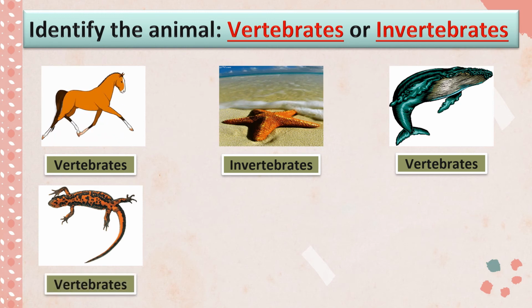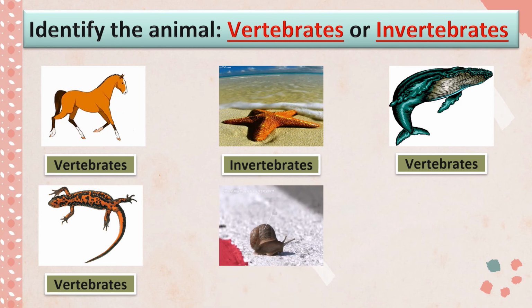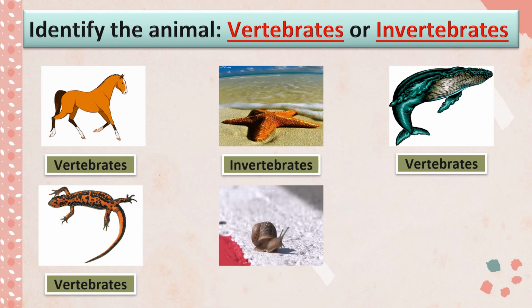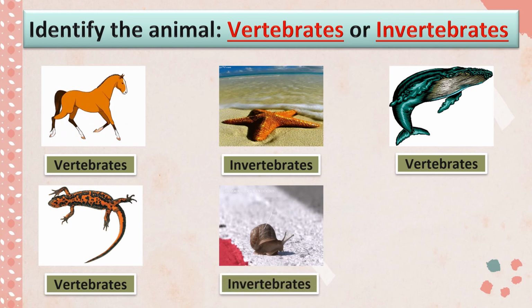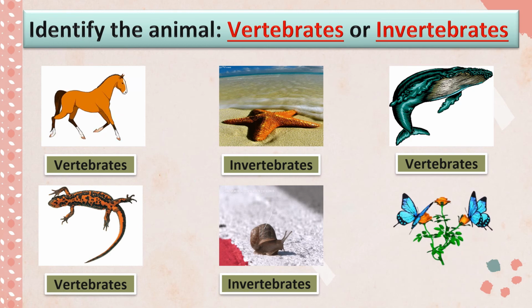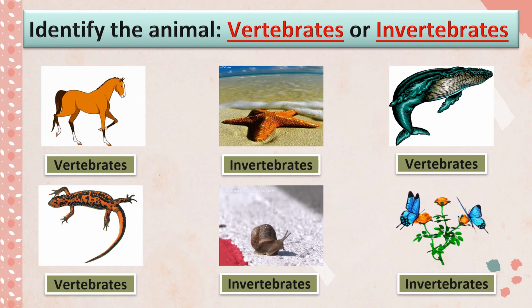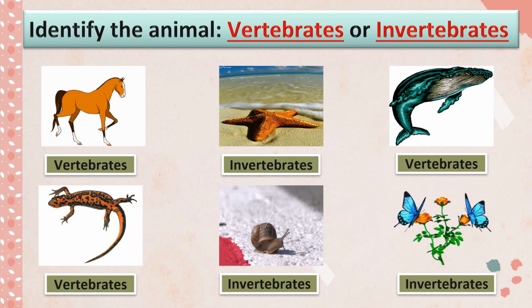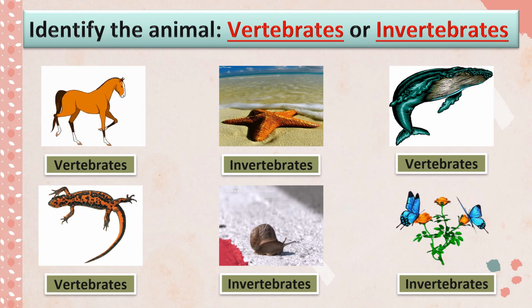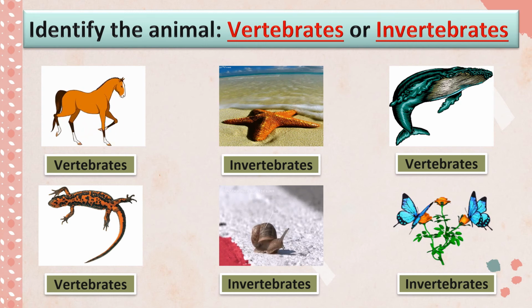Okay, very good. It is vertebrate. Next animal, snail. Okay, good job. Invertebrate. And the last animal is butterflies. What is it? Vertebrate or invertebrate? Excellent. It is invertebrate. Now, do you understand the difference between vertebrates and invertebrates?